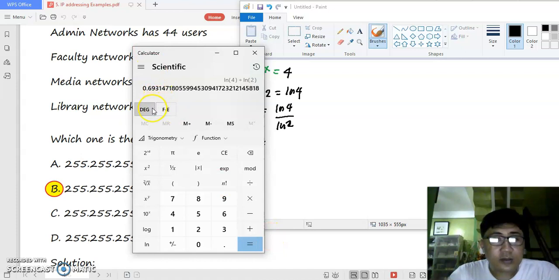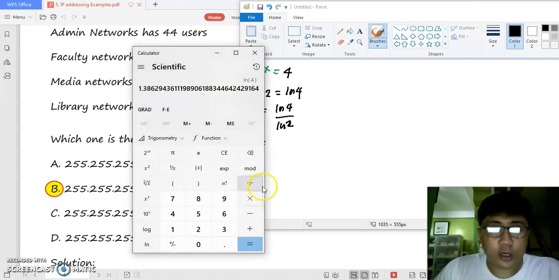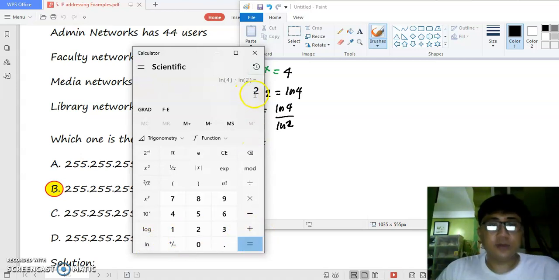So now we have ln of 4 divided by ln of 2, which is equivalent to 2.